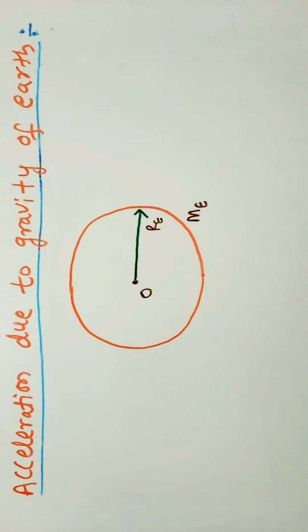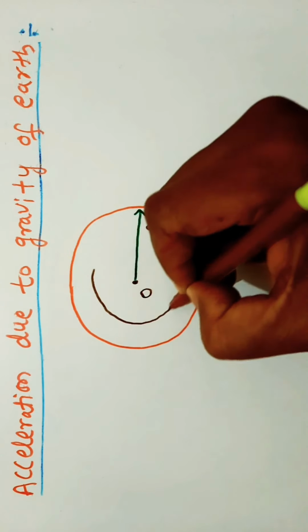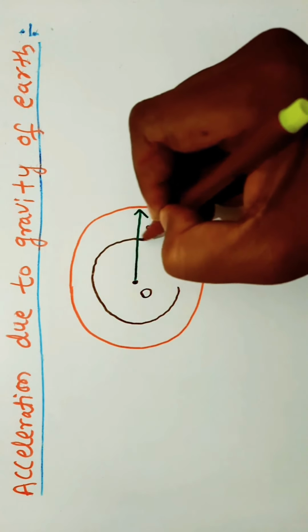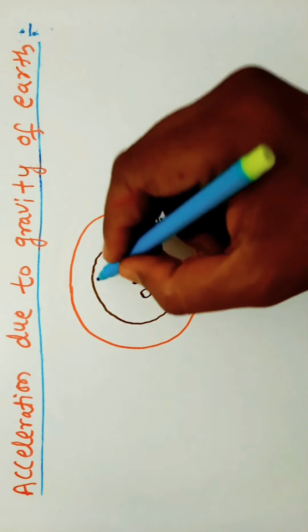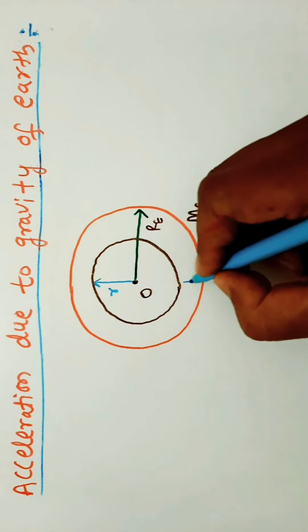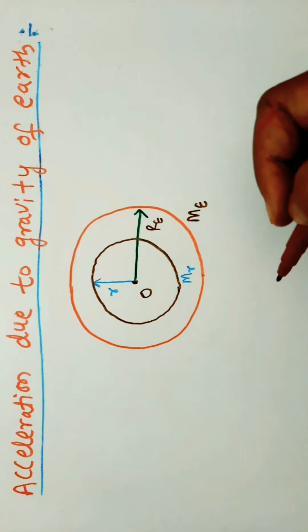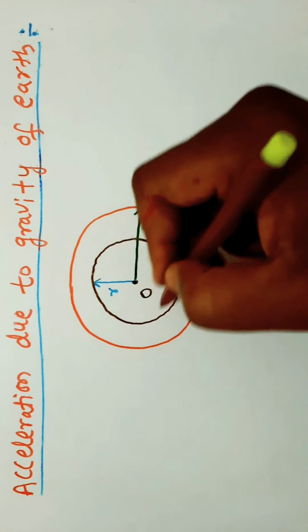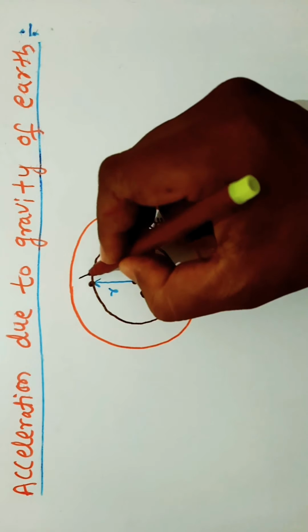Here I am taking a sphere of radius small r inside of this sphere, having mass capital Mr. Here I am taking a point P which lies outside of the sphere of radius small r.